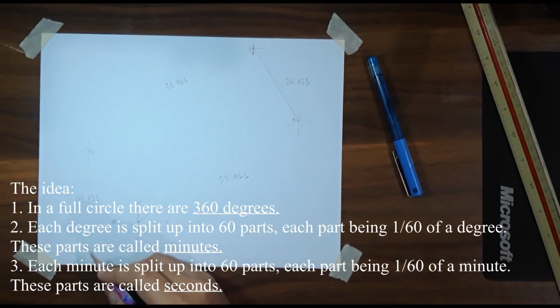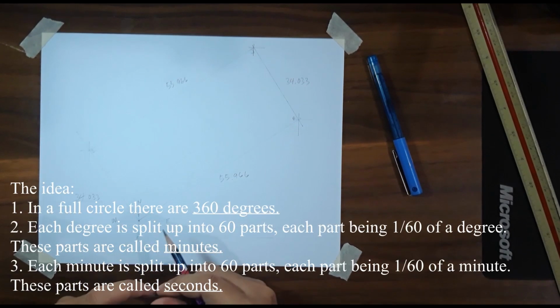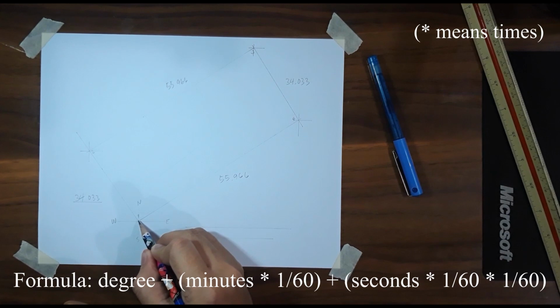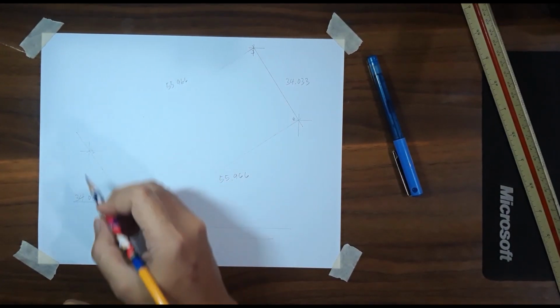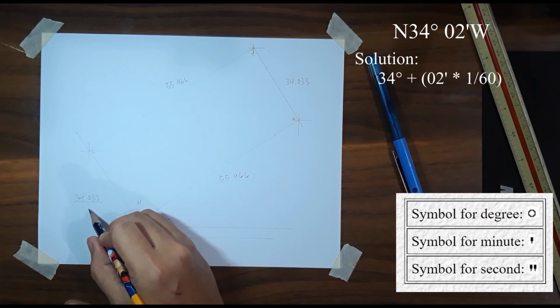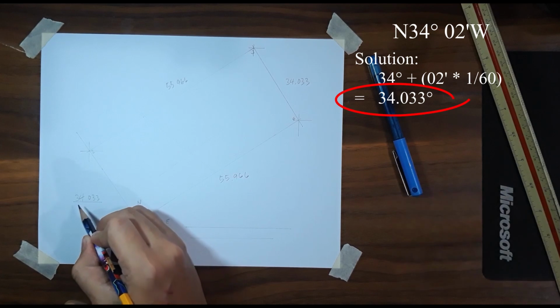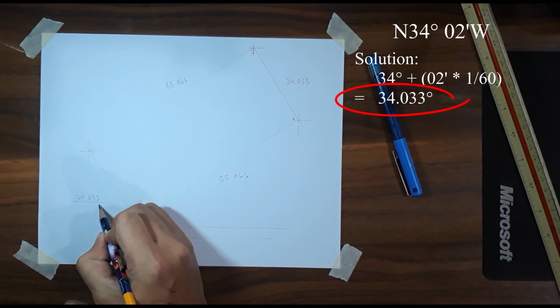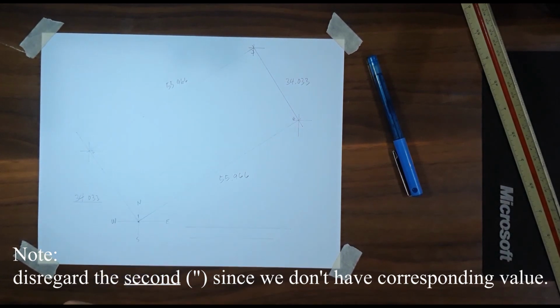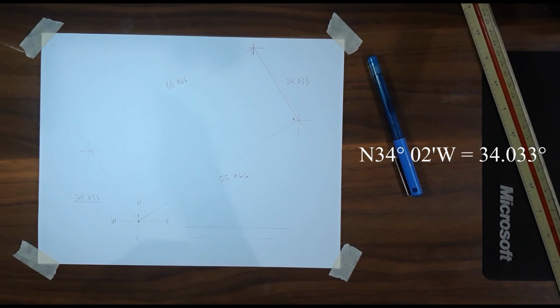As you can see, we have here the following figures. So on the point 1 to point 2, if you were able to convert the said descriptions, you will have the number 34.033, or this is the corresponding degrees if you convert the north 34 degree, 02 minutes west at 4 meters.